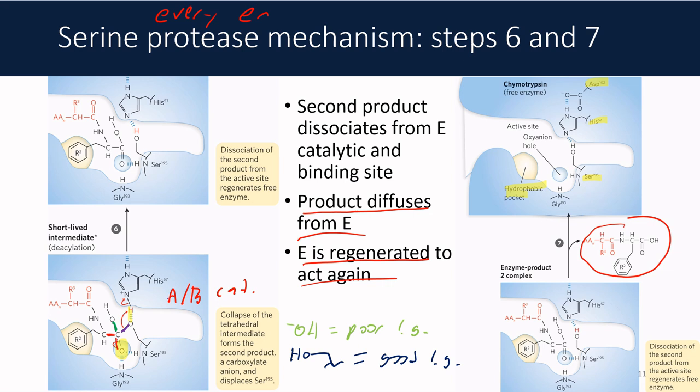Every enzyme mechanism must come full circle. We have to end where we began, leaving the enzyme in the state we initially found it so it can be ready to react with a new substrate again and again and again.